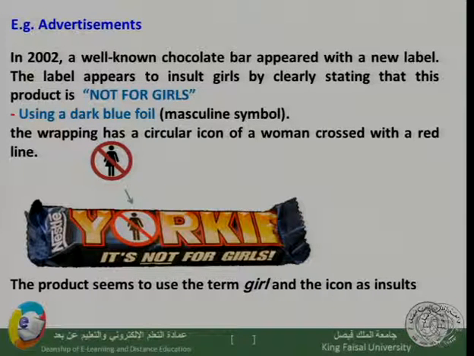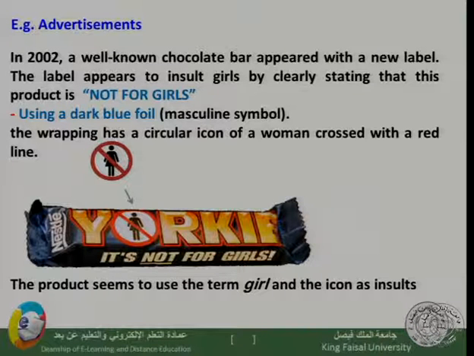If you examine this image of this particular advertisement, this chocolate bar shows a clear example of sexism towards girls, by clearly stating that this product is not for girls, and using a dark blue foil. And we know that blue is mainly used for males rather than females, for boys rather than girls.